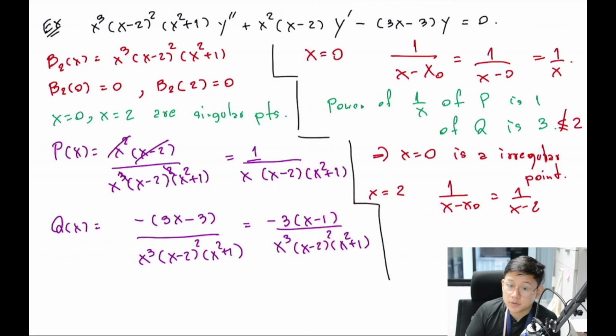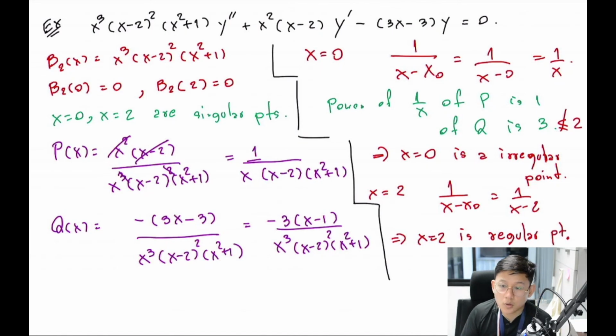So it's less than or equal to 1 and less than or equal to 2, which means that x equals 2 is a regular point. So for this one, x equals 0 is an irregular point, and x equals 2 is a regular point.